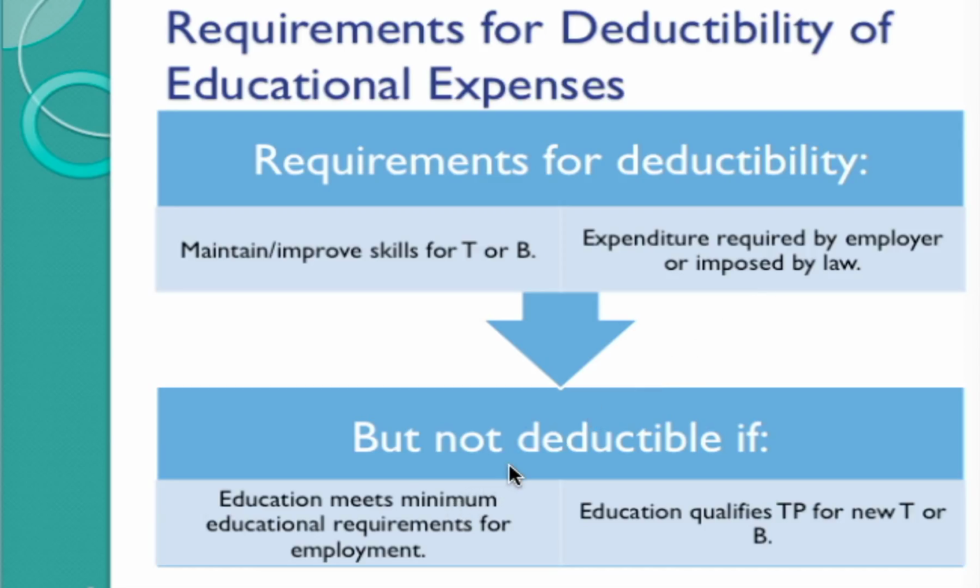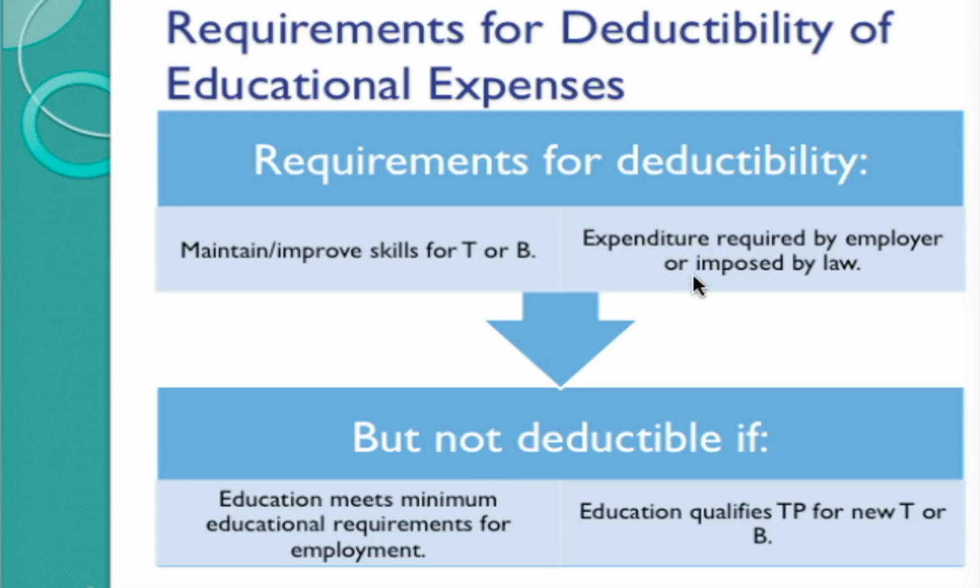Not deductible if the education qualifies the taxpayer for a new trade or business, or there are minimum education standards required by your employer to receive employment, and this expenditure is related to you meeting that minimum threshold.